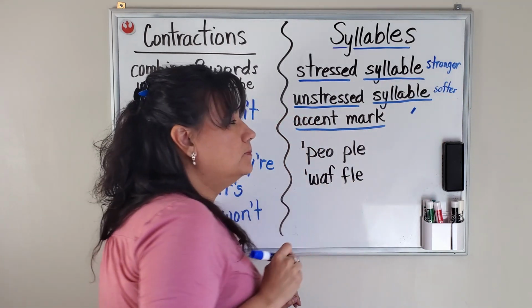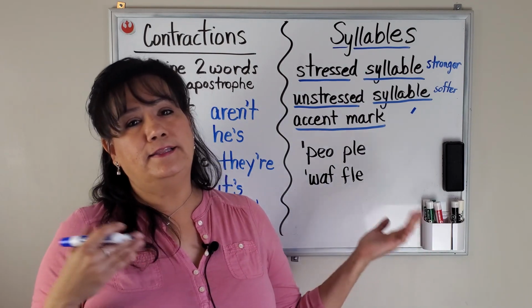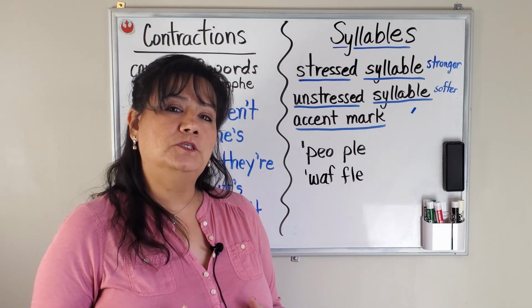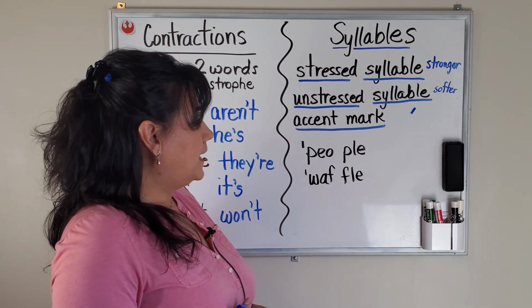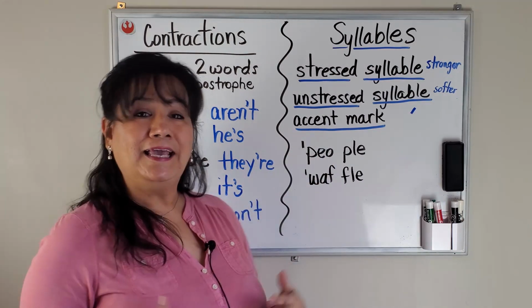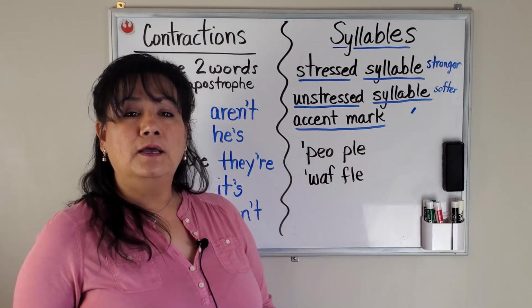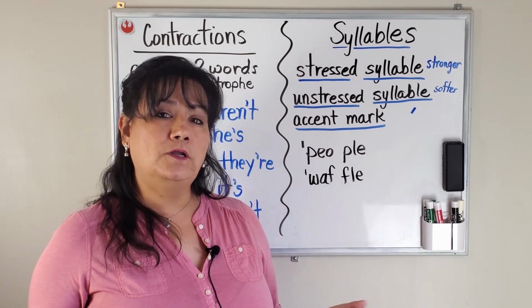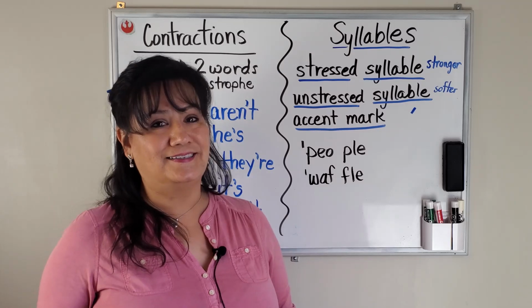And what this helps us do, when we know which is the stressed syllable and the unstressed syllable, is pronounce the word correctly. So that means we say PEOple, and the first syllable is a little bit stronger than the second syllable. We don't say peoPLE, and the second syllable is not stressed.